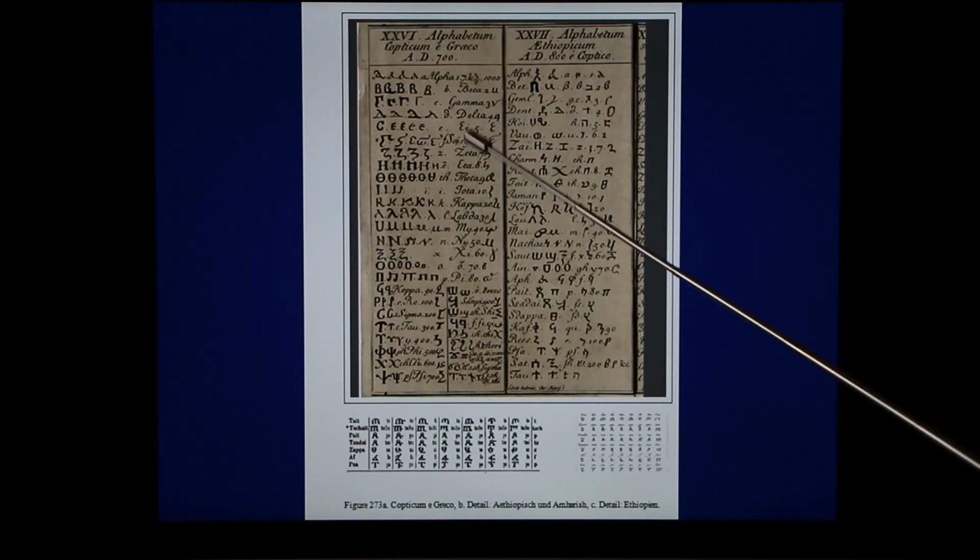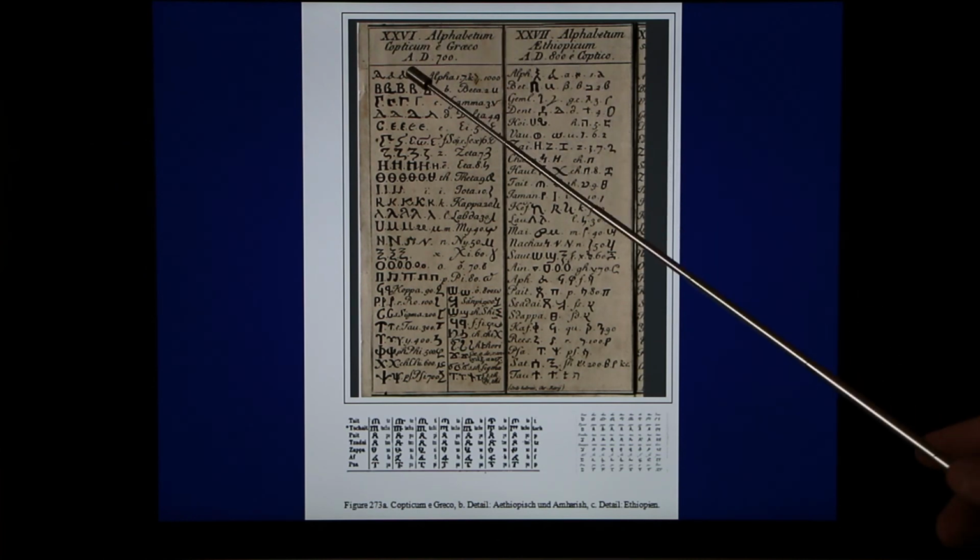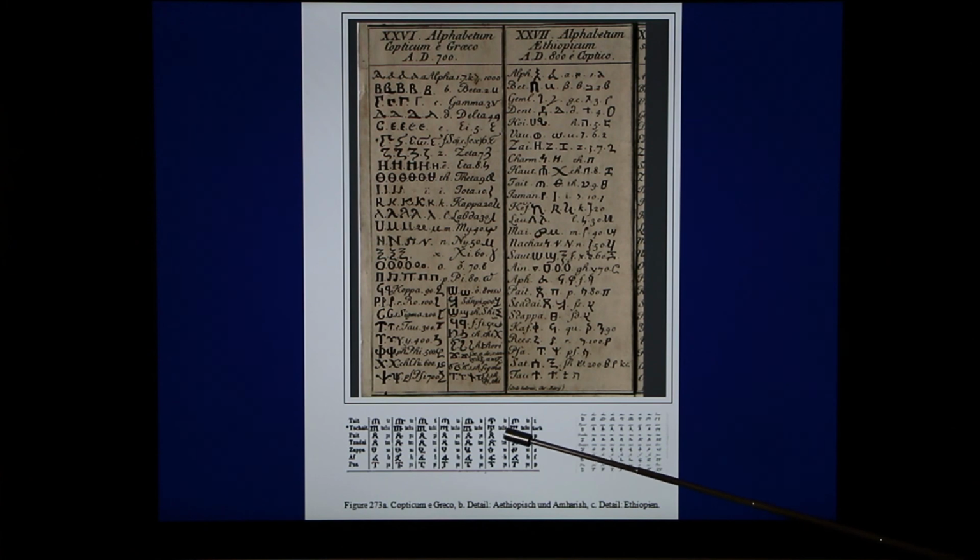But now, and this is the end of today's story, in 700 AD we have the alphabetum Copticum e Greco. So now you take the Greek alphabet and you get a new version of Coptic in 22 letters. Or an alphabetum Ethiopiacum e Coptico in 800 AD.